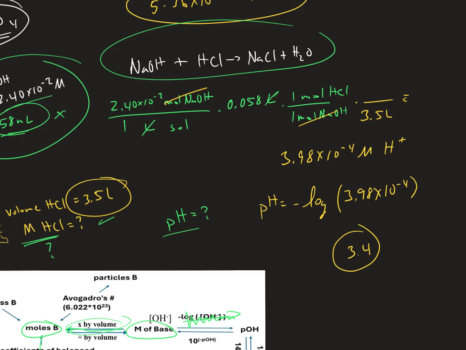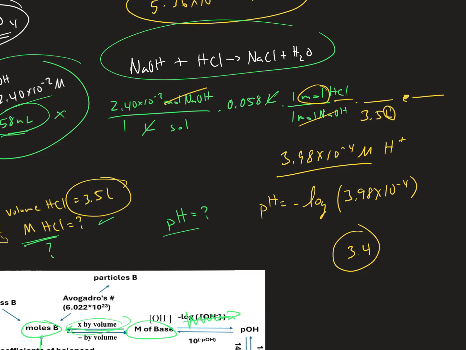Questions? Did I do my math wrong? What question do we have? Where do you get the concentration for the H? Right here? Yeah. Okay. So from here we have moles over liter of HCl. Okay?